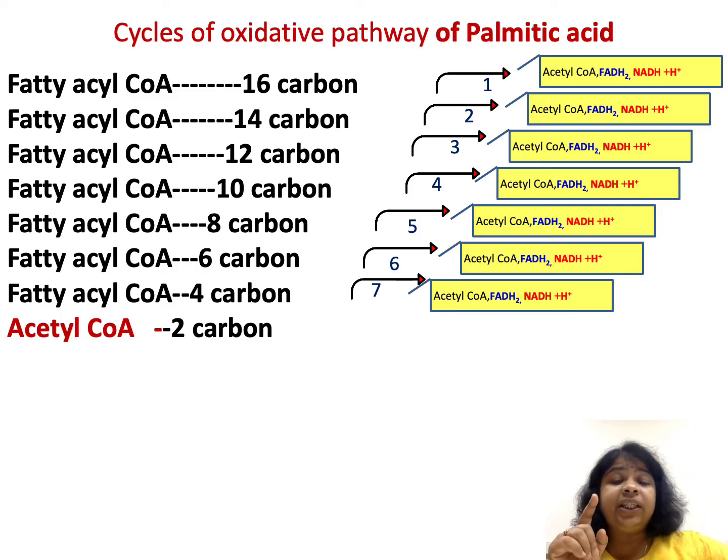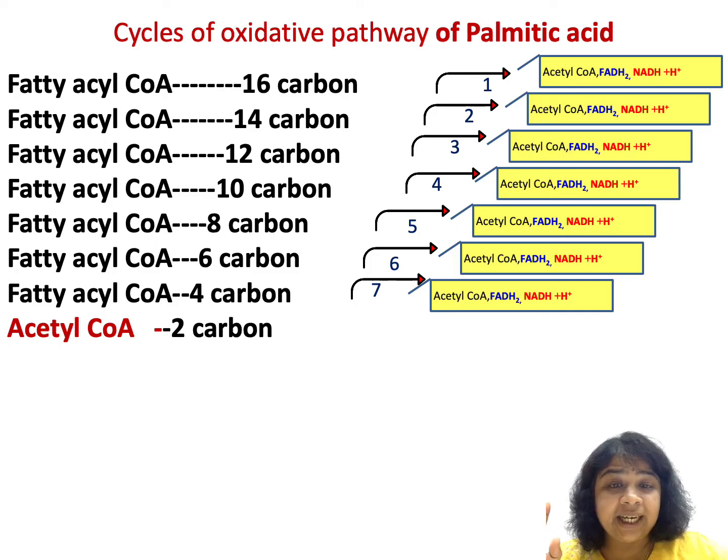So if we start with a 16 carbon compound, it requires 7 cycles of beta oxidation to be completely oxidized to acetyl CoA.